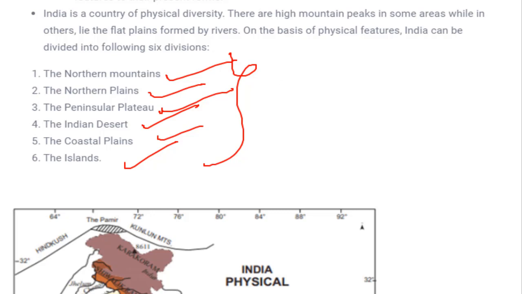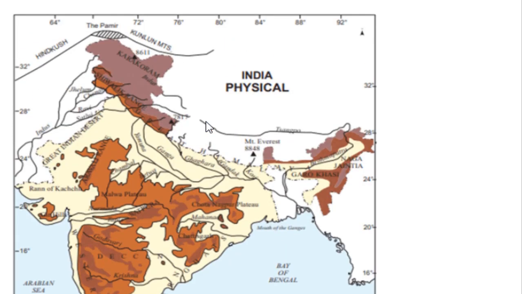By the name itself it is clear: northern mountains means the mountains lying in the northern part of the country. The hills covered in this northernmost part of the country would be called the northern mountains. The northern mountains are themselves divided into several segments.